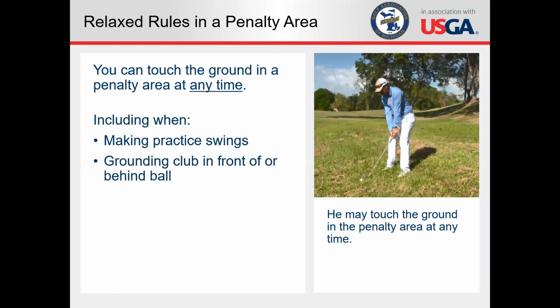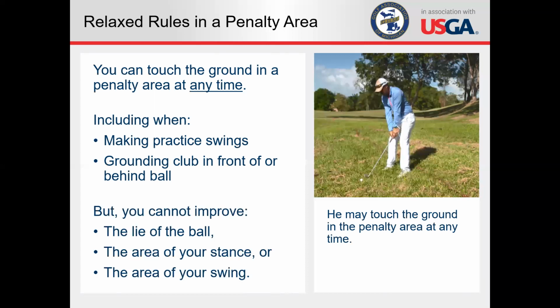However, they can't do it to improve their next stroke or their line of play. So there's still that recommendation that if you're in a tall area with a bunch of tall grass, you can take practice swings, but do so a little bit away from your ball so that it's not being seen as you improving your lie or taking out things that might be in the way of your ball.